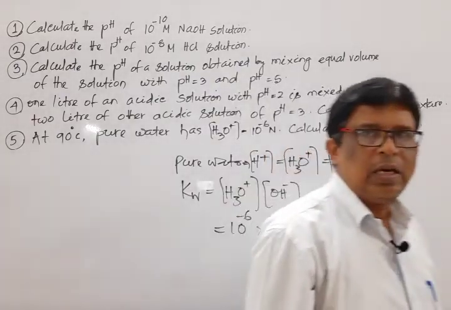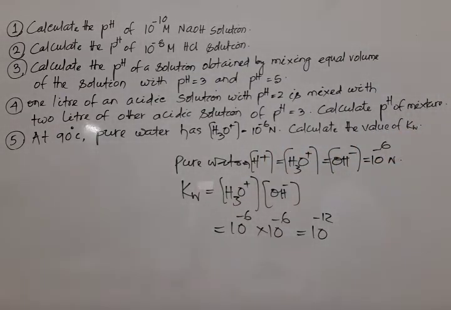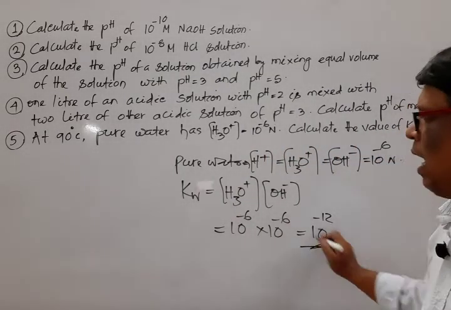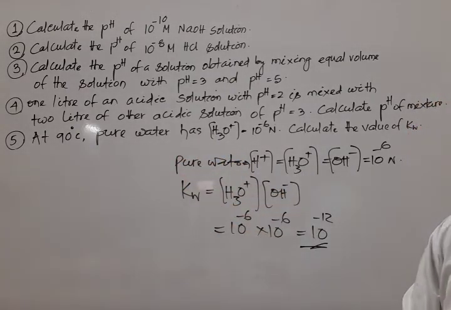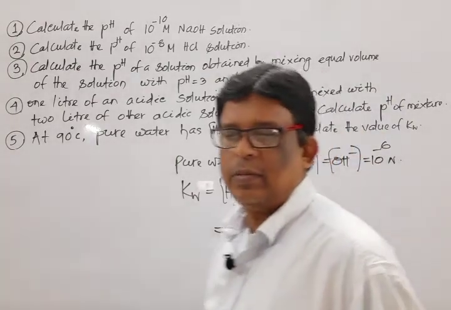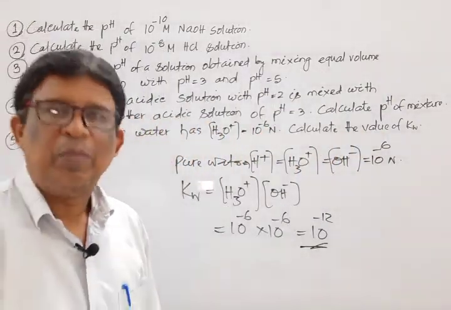This is known as the ionic product of water for pure water at 90 degrees Celsius. Okay, good. Move to the next one.